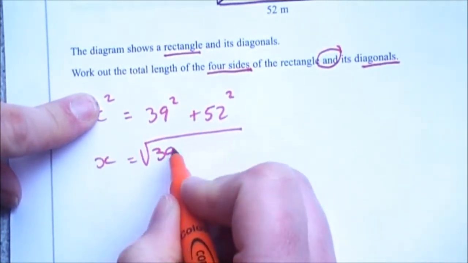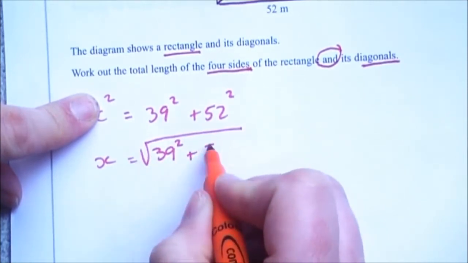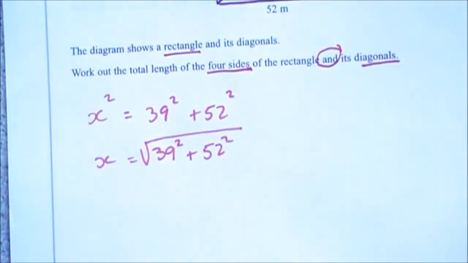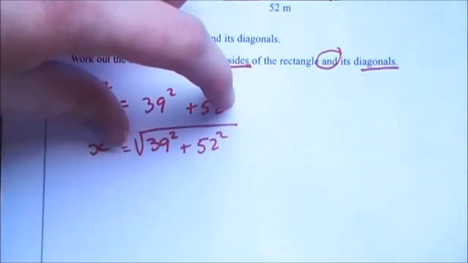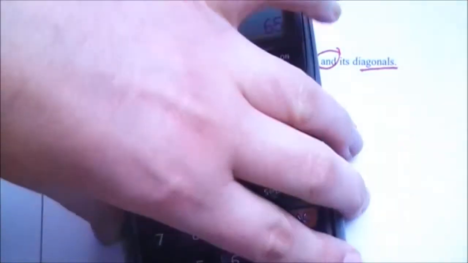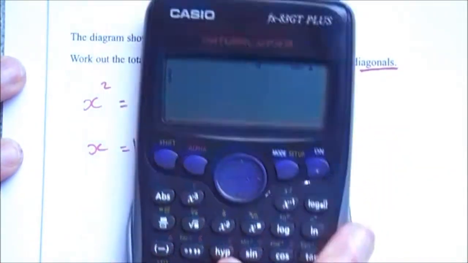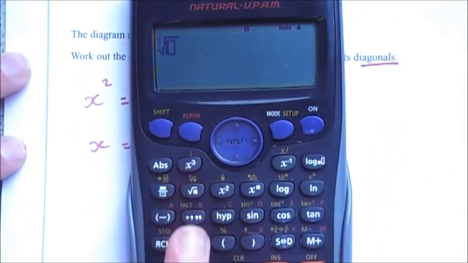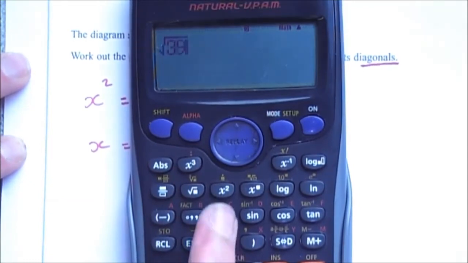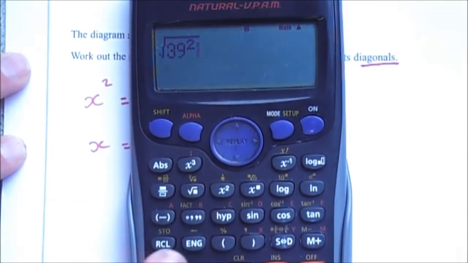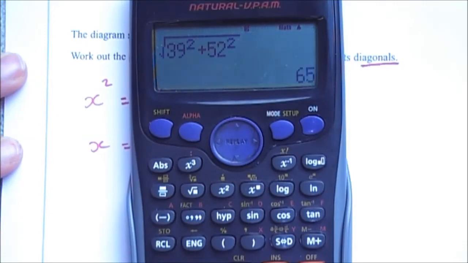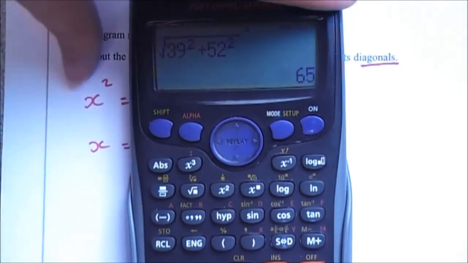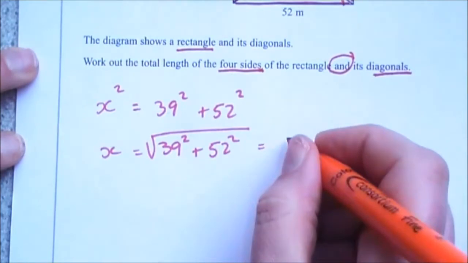So in my calculator, I'm going to do the root of 39 squared plus 52 squared. You can, of course, work the squarings out first, add them together and then root them, but this is just a lot neater. So on my calculator, I'm going to say I want the root of 39 squared plus 52 squared equals, and that's going to give me straight away 65.